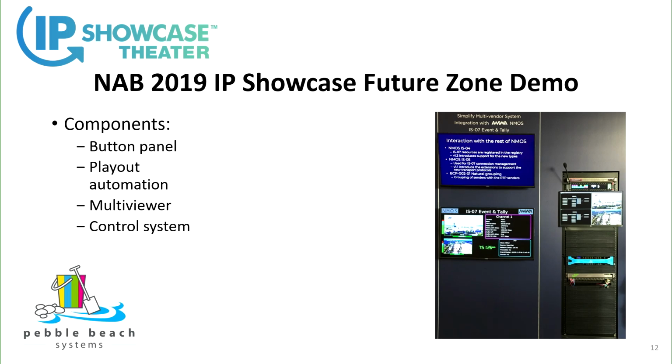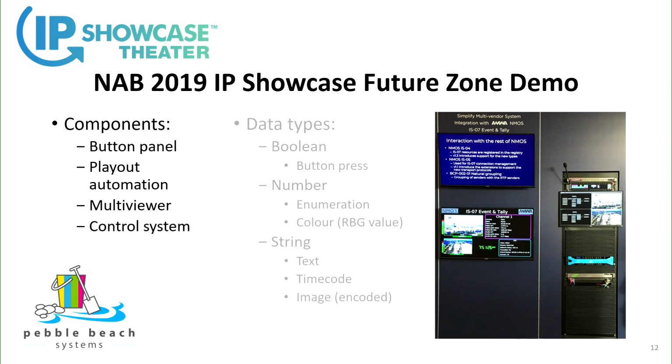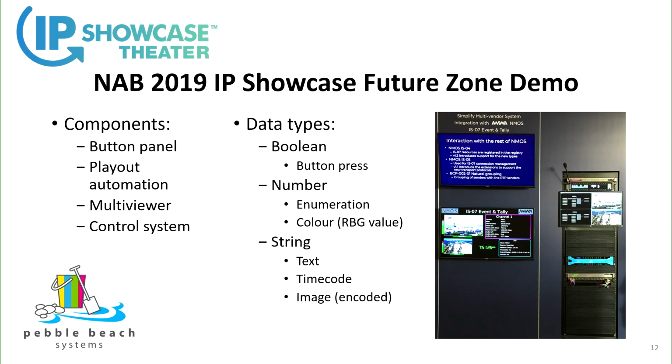So the components that we have in that demo are a button panel, a cloud system, a cloud automation system, a multi-viewer, and a control system. And the data types that are being transferred are Boolean button presses, where the panel is modeled.